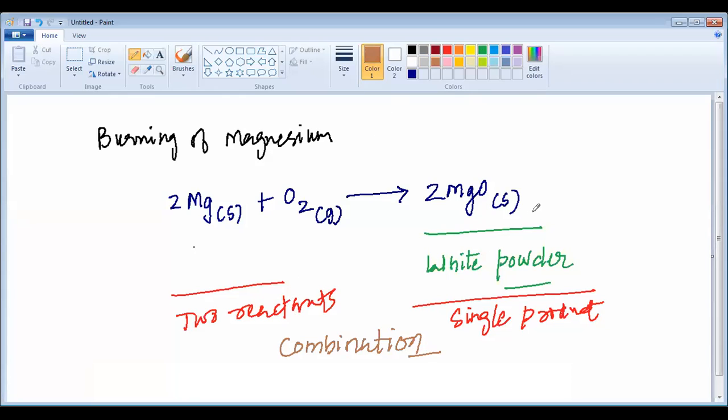And please remember one very important thing, all of you, my dear students: combination is exactly opposite to decomposition.